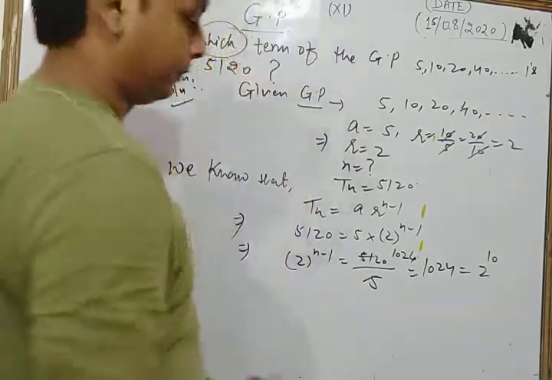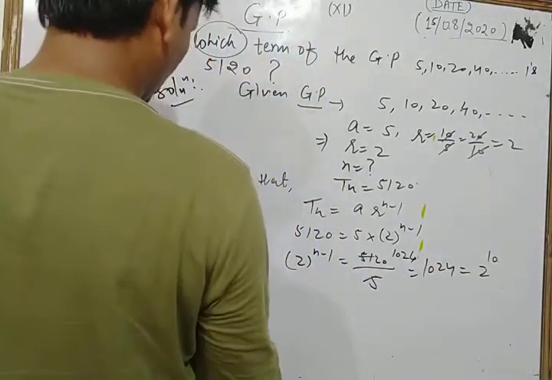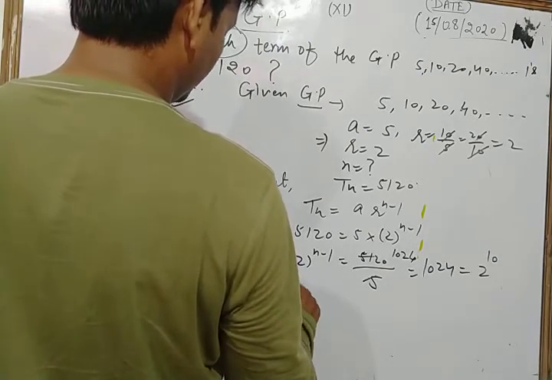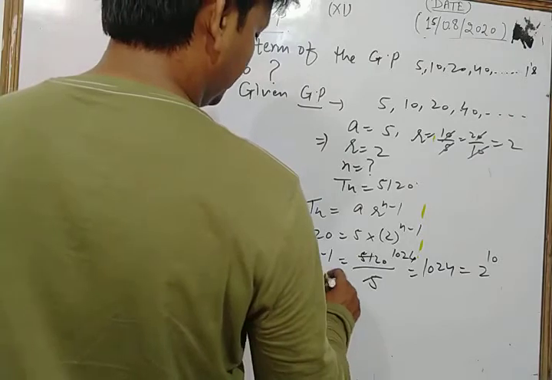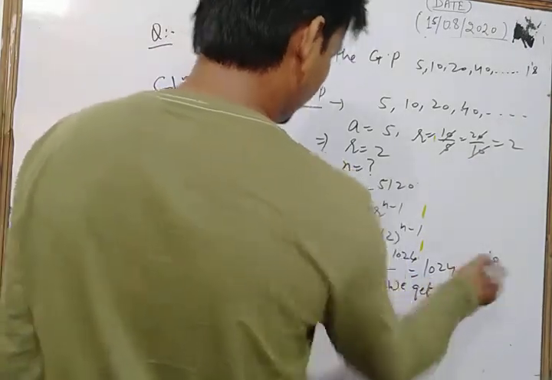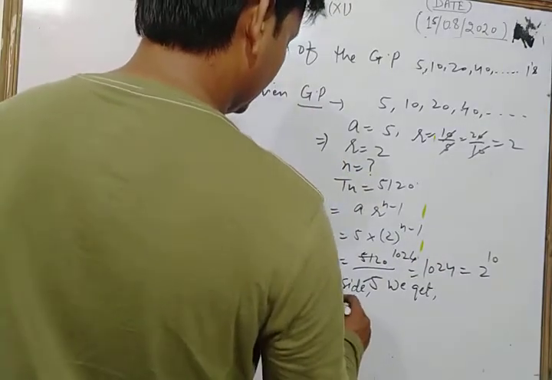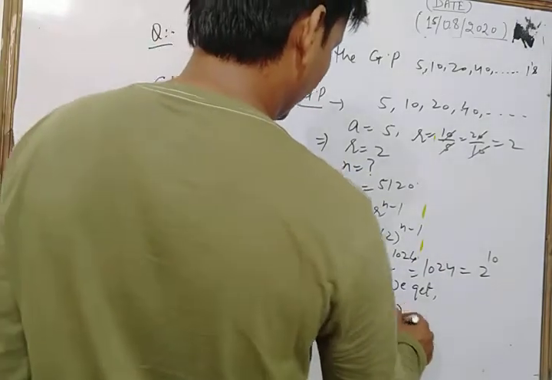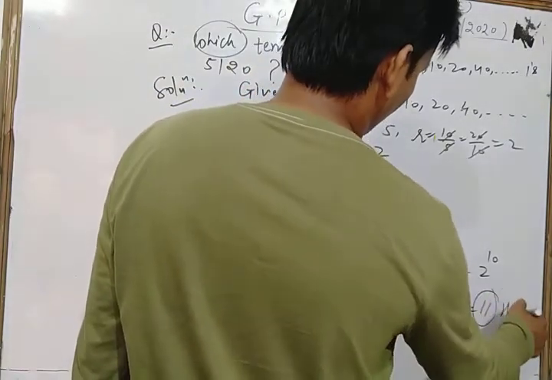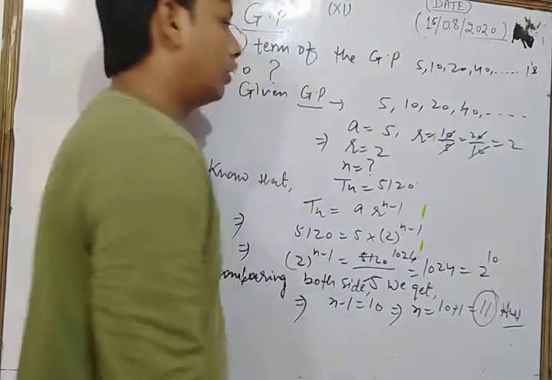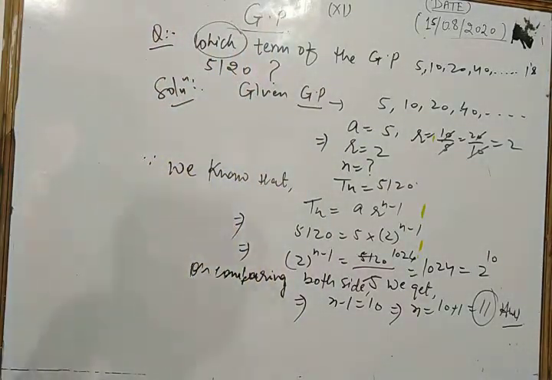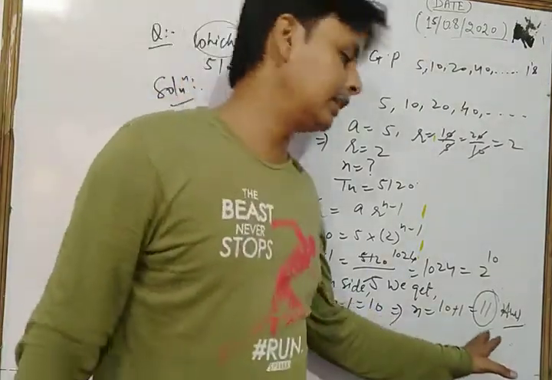Now on comparing both sides, we get n minus 1 is equal to 10. So the value of n is equal to 10 plus 1, that is 11. So in that question the value of n is 11.